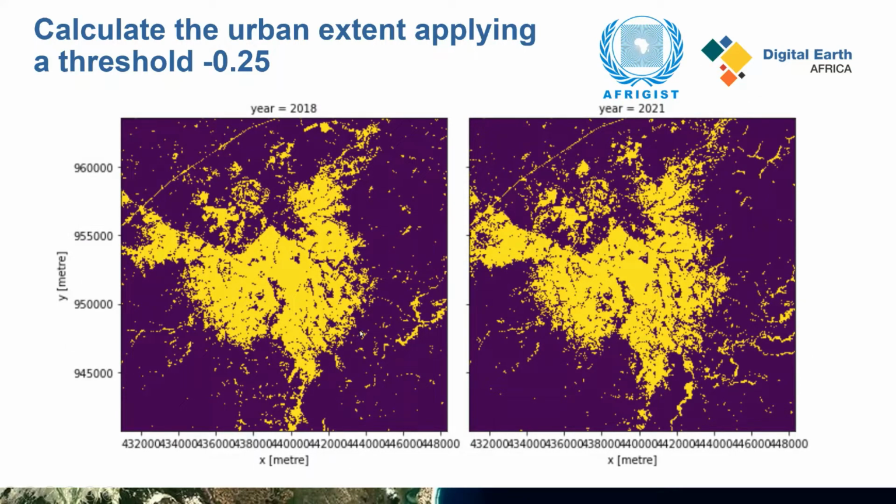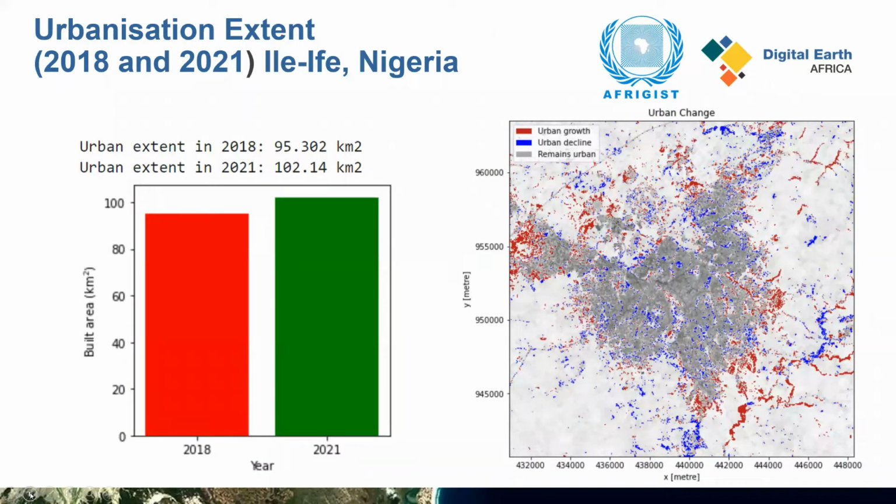So all those observations need to also be confirmed with terrain. It should be an area that you know very well, and then you can justify what really happened. So the notebook also allows you to calculate exactly, between 2018 and 2021, what was the extent in kilometers, what happened between the 2 years.